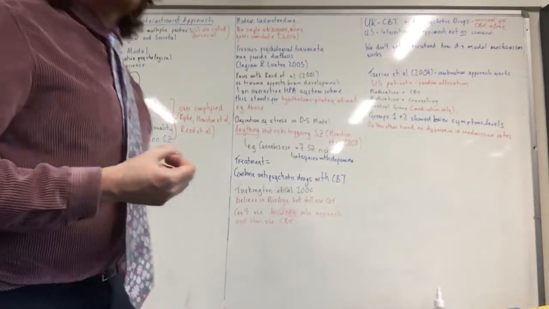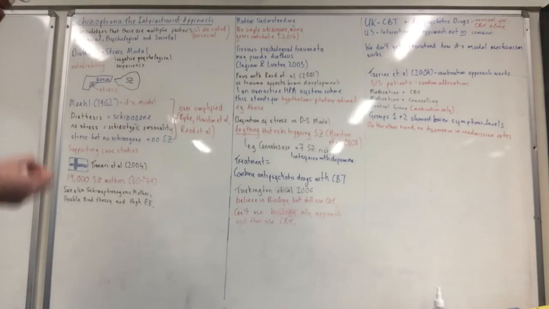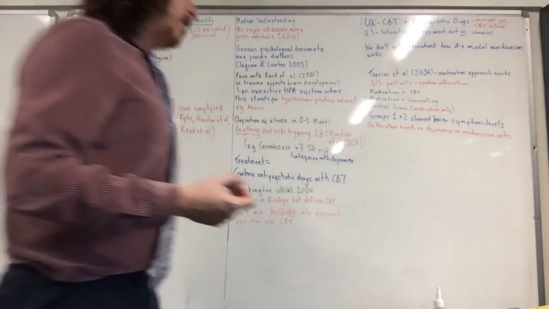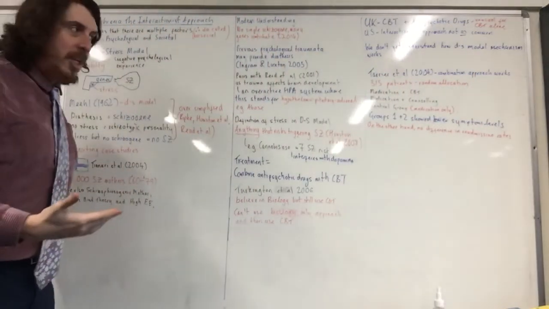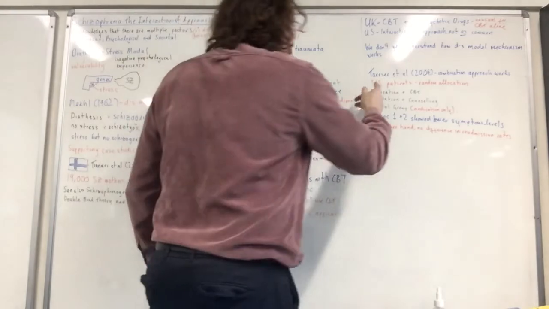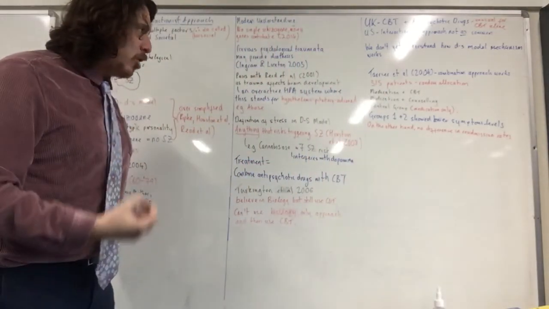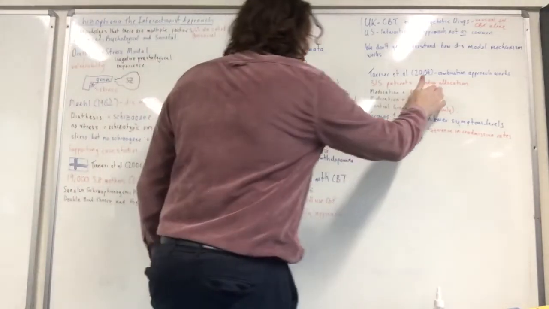If we have a look at supporting evidence for this, we need to have a look at the study by Tarrier et al. in 2004. And this highlights that the combination approach works. In Tarrier's study, they looked at 315 patients, and they used a random allocation model allocating to 3 different groups.